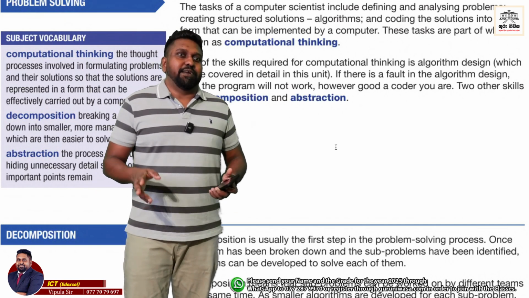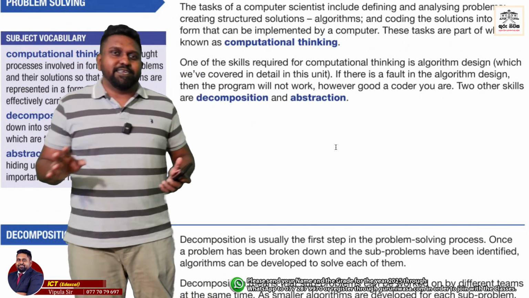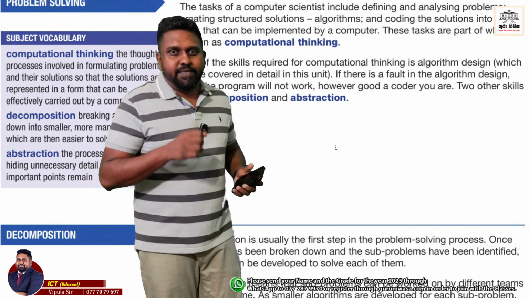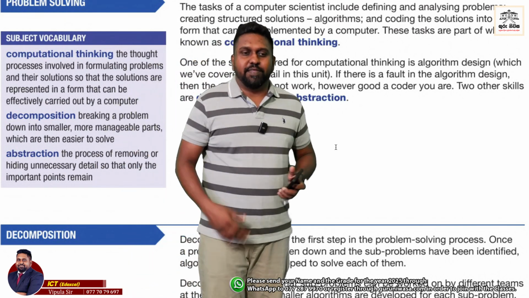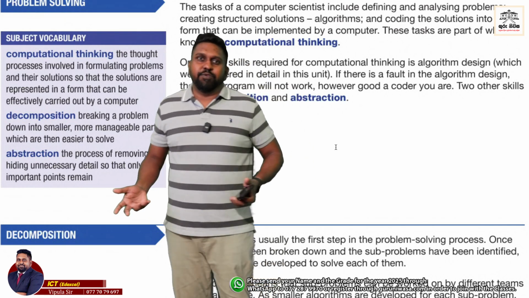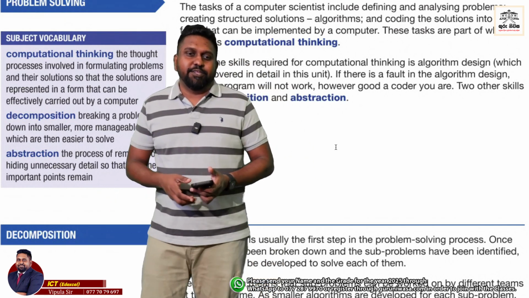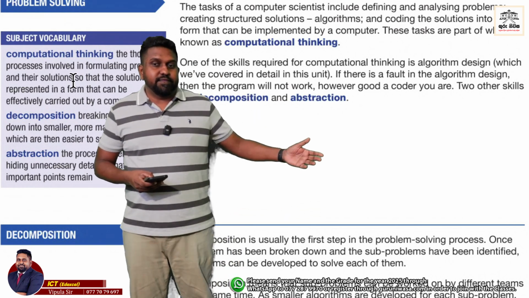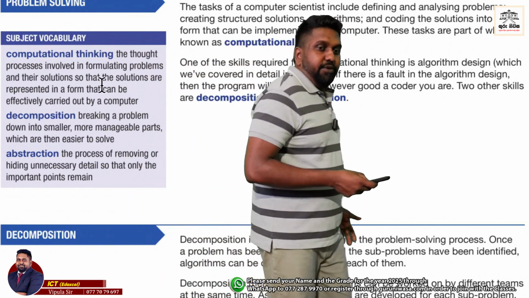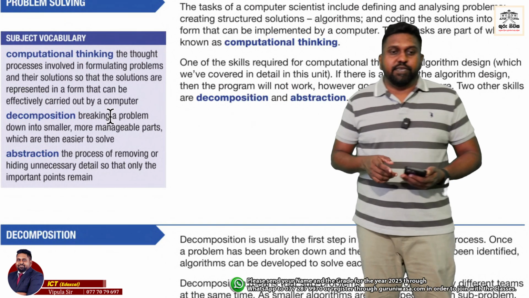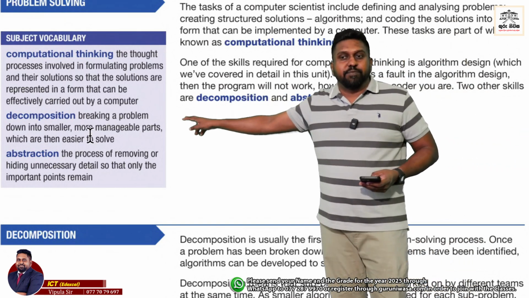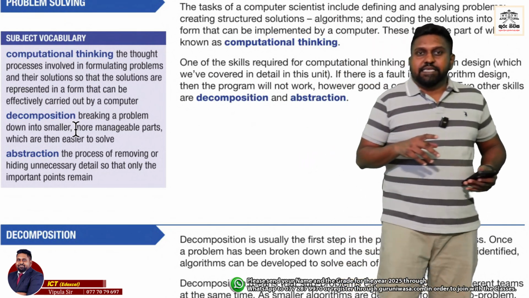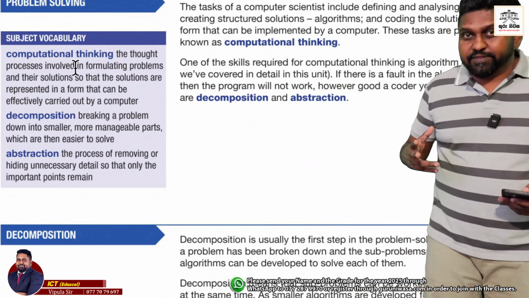If you're just creating a simple computer program, the program doesn't have any consciousness, so without a consciousness, you have to be precise. That's why we say computational thinking is basically the method which must be represented in a form that a computer can effectively understand.